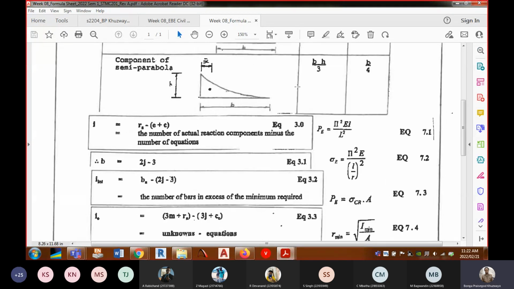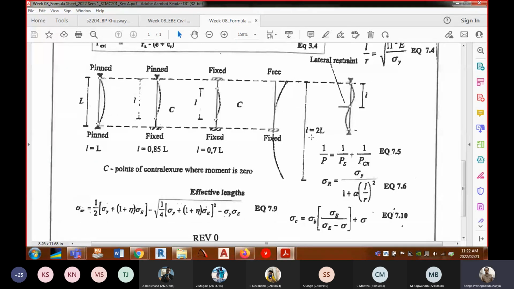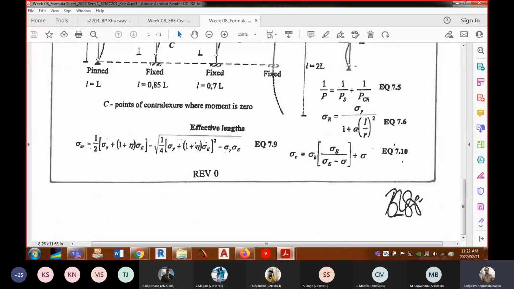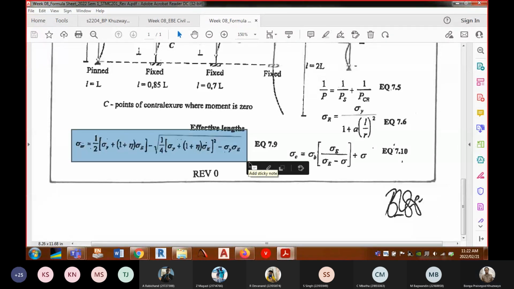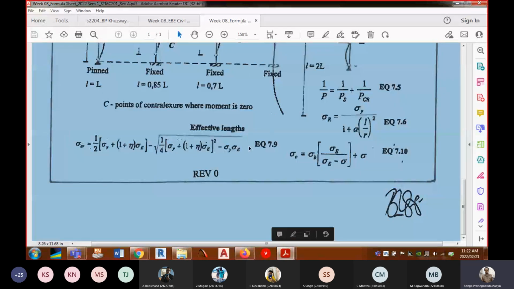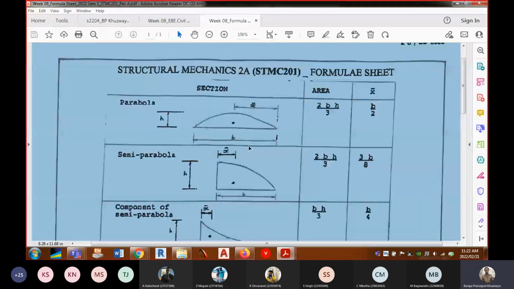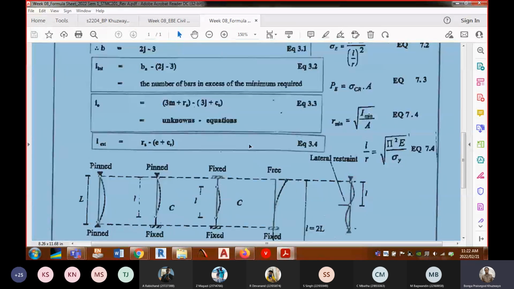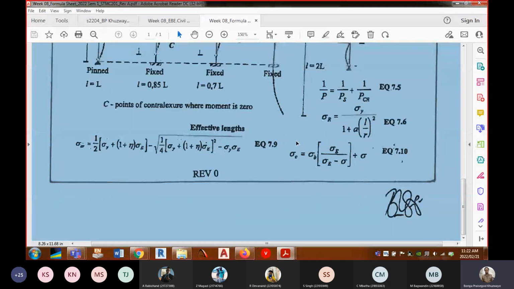Make sure that when you study, you make yourself aware of the formulas that will be given and those that you're supposed to know. For example, I don't expect students to memorize this entire equation. Okay, but if you don't know the area of a triangle, then please make sure that you get to know it soon.